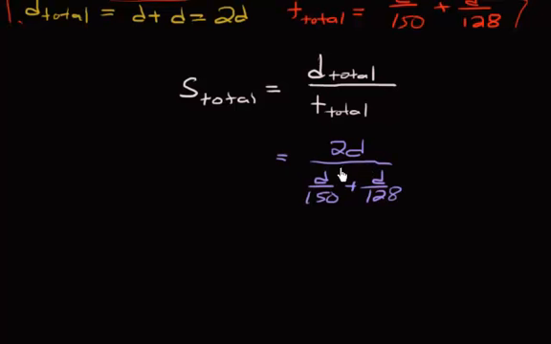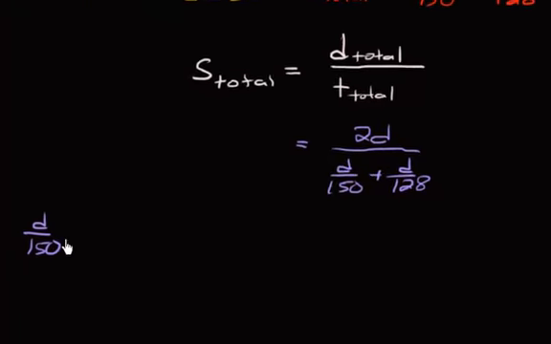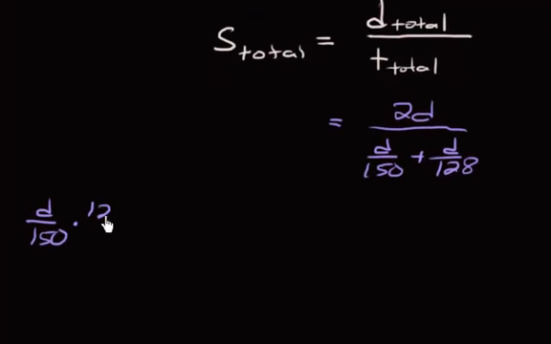Now, it will take a little bit of work. We do have fractions on the bottom, so we're going to have to do common denominators here. What you're going to do is take D over 150 and multiply top and bottom by 128. Why 128? Because the other denominator has a 128.